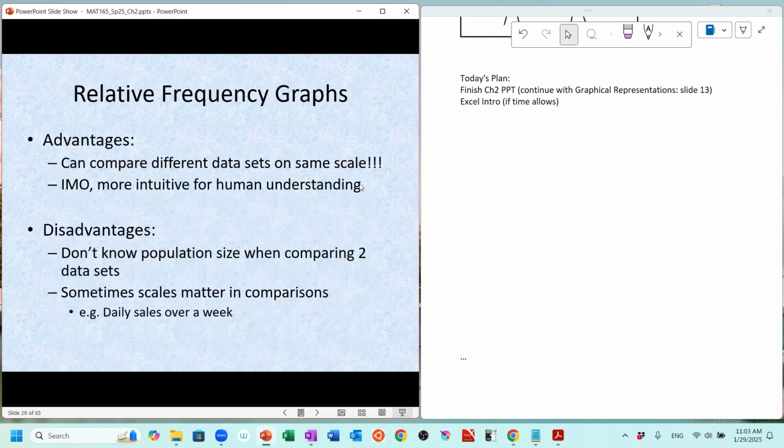Percentages are essentially always between 0 and 100, right? In this context, we're always between 0 and 100%. And people are just used to dealing with numbers on that scale. If I have a data set of size 30,000, people just don't deal with numbers like 15,000, 25,000, 30,000 very often.